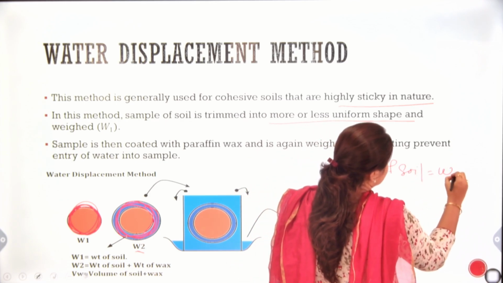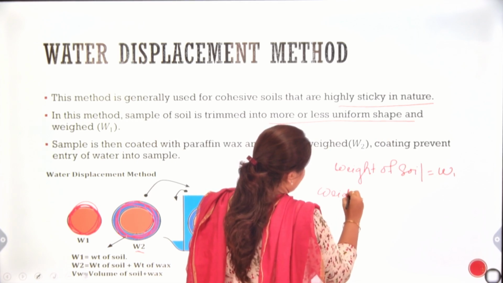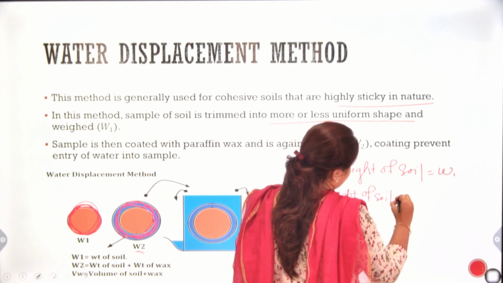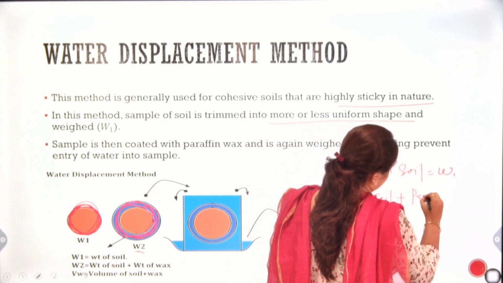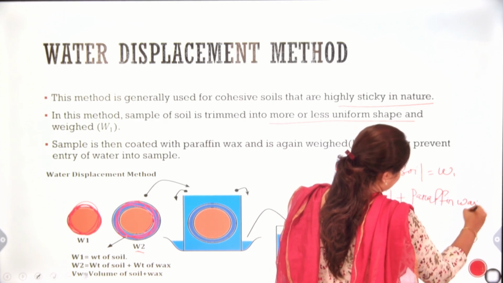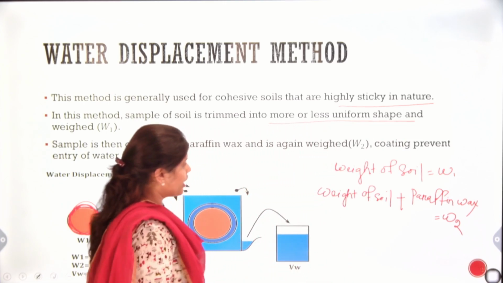Weight of soil is W1, weight of soil plus paraffin wax is W2, okay.